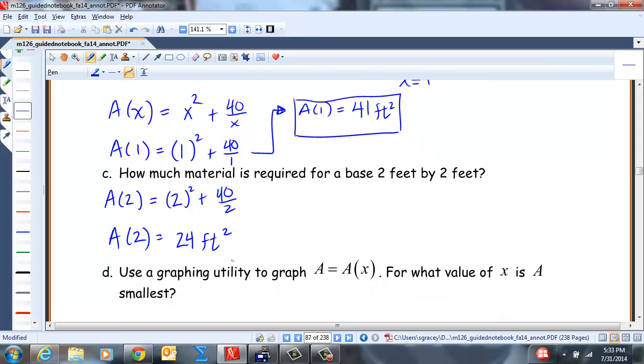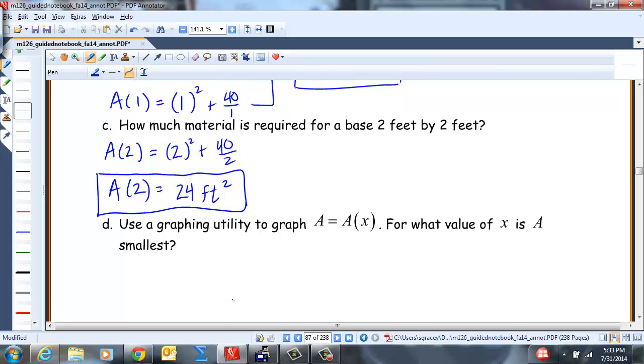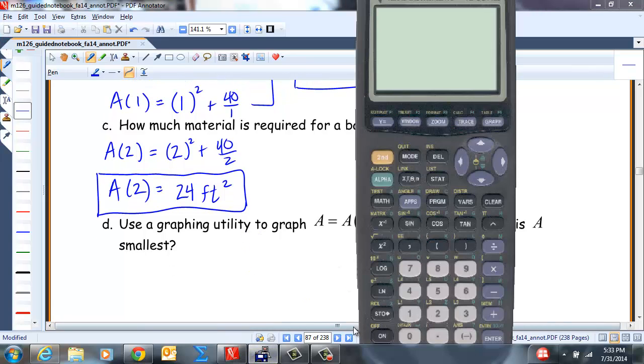And then let's use our graphing utility. So our function that we had gotten was x squared plus 40 divided by x. Let's see what we have. So this one we're going to have to change our zoom.